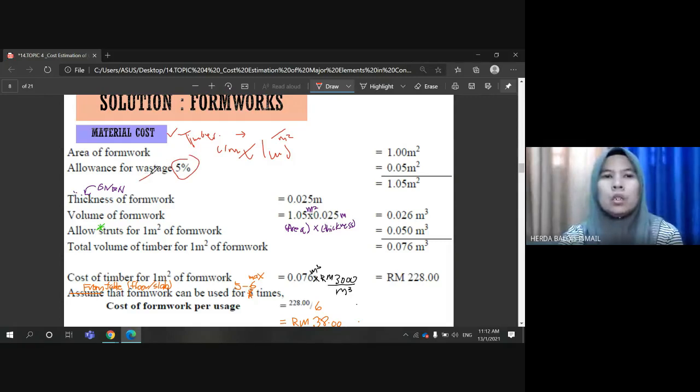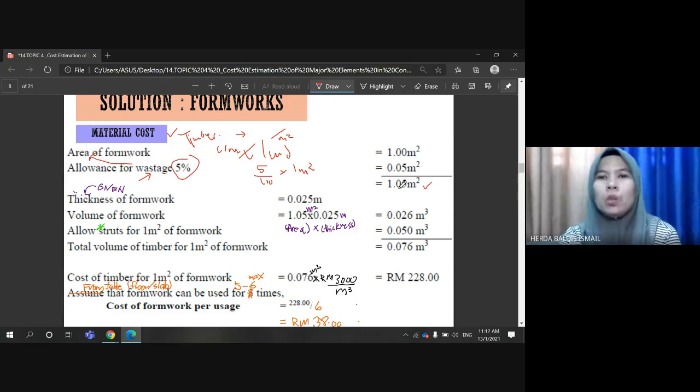So wastage we calculate from the area of the formwork. 5% from 1 square meter is equivalent to 0.05 square meter. Thus the total area of the formwork including the wastage is 1.05 square meters.